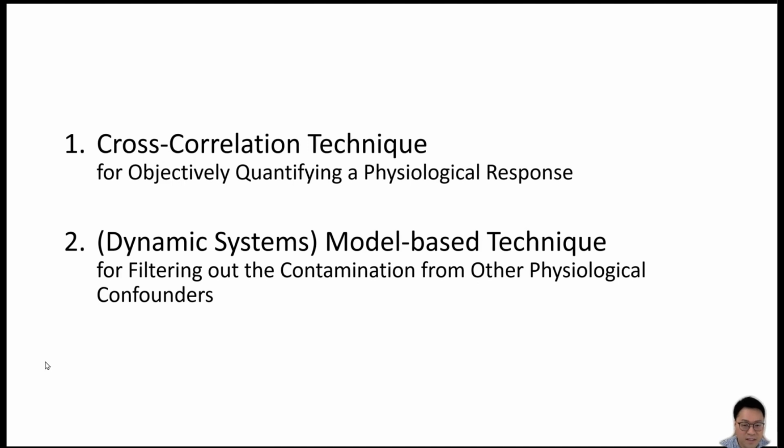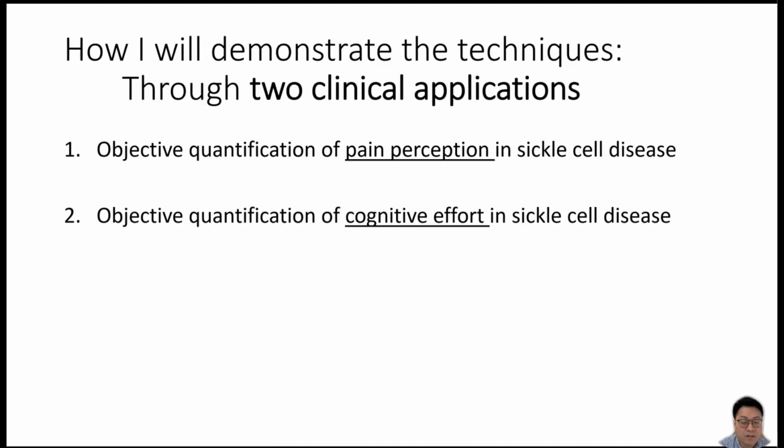Second part is a dynamic systems model-based technique to filter out any signal contamination from other physiological confounders. And this was used to improve the functional near-infrared spectroscopy measurement, which indeed is known for those physiological confounders as a limitation.